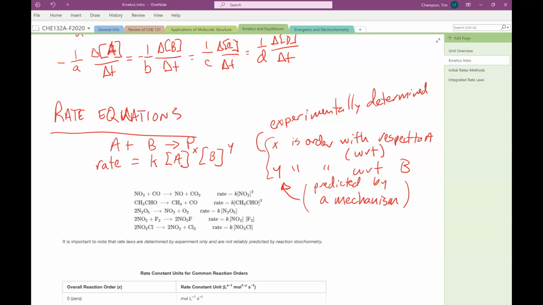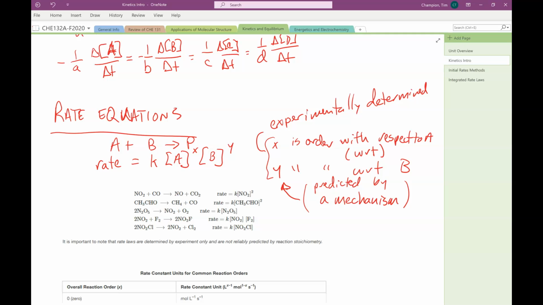So here are some example reactions, and you see you have different sorts of rate laws. The first one is the reaction of nitrogen dioxide and carbon monoxide, and we see the rate is second order in nitrogen dioxide and apparently zeroth order in carbon monoxide, because carbon monoxide is not listed in the rate equation.